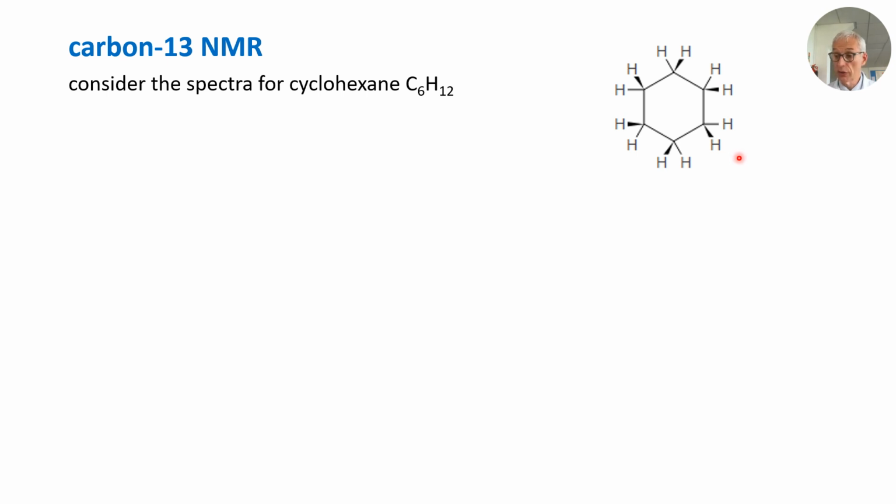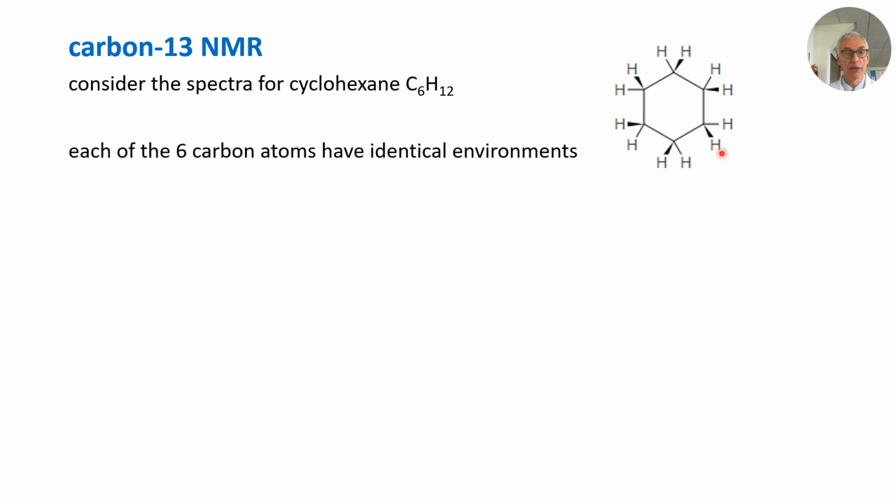Okay, so I'm going to reveal. Cyclohexane, of course, has 6 carbons, but they're all in identical chemical environments. They're all chemically equivalent. So the term chemically equivalent means that the environment for the particular atom, the carbon atom, is identical.